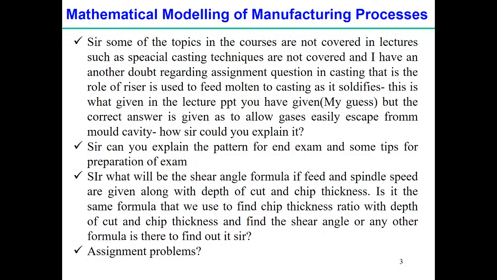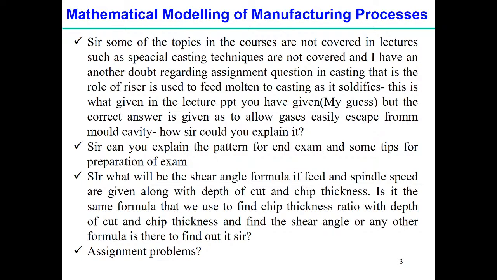But if you look into the actual process, say the shaping, planing, turning, boring, drilling or even milling process, the actual parameters given are the depth of cut or the feed rate. From the feed rate and depth of cut, you have to understand how to estimate the uncut chip thickness, T1, and the width of the chip, linking them with the actual process.